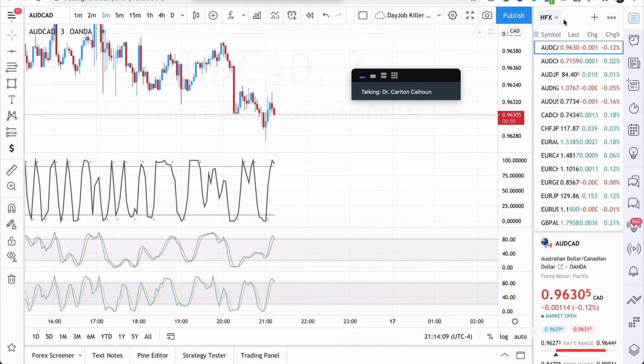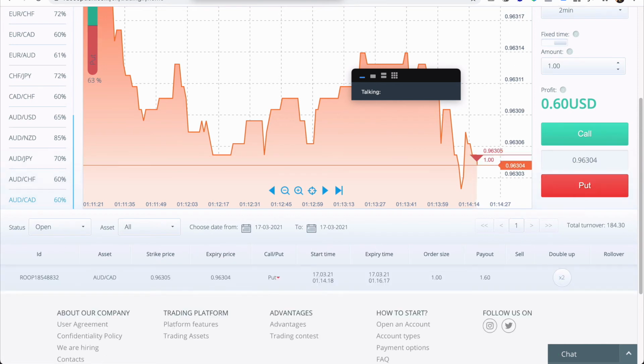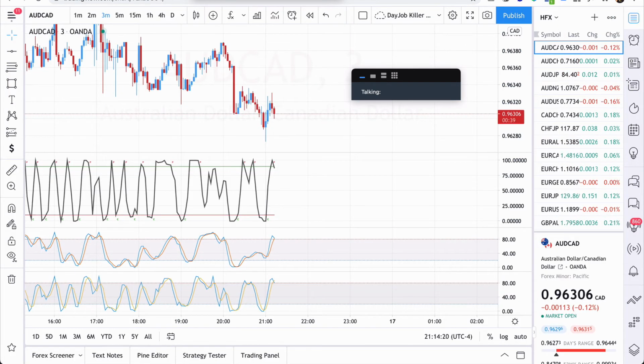And it's a downtrend, so that would make sense. On the neck, there it is. AUD CAD, got the P. That's one I'm in. Let's see if it pans out.